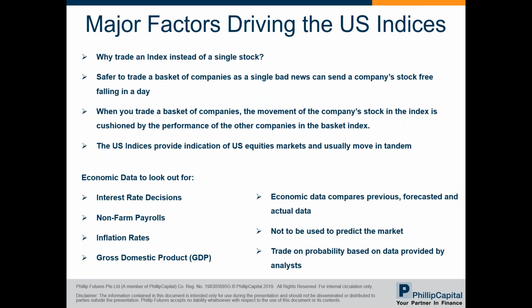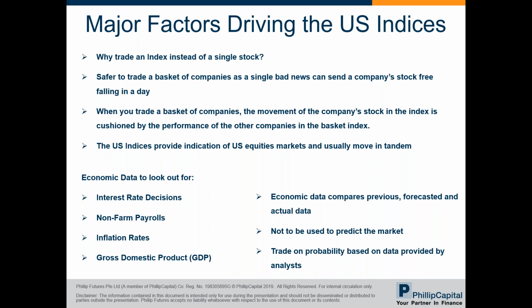So why should you trade an index instead of a single stock? I always feel that it's safer to trade a basket of companies, as a single piece of bad news can send a company's stock into free fall in a day. When you trade a basket of companies, the movement of one company's stock in the index is cushioned by the performance of the other companies in the basket. So you don't have the index falling all the way.